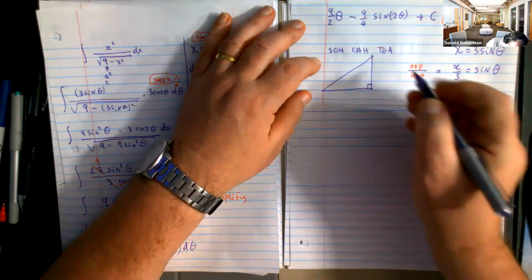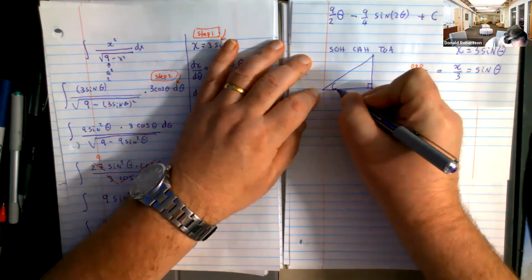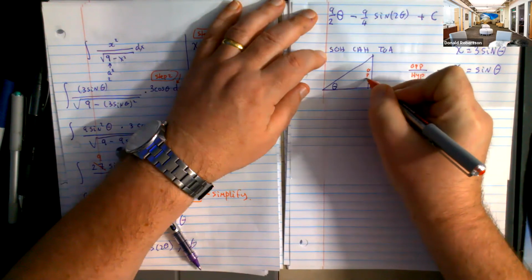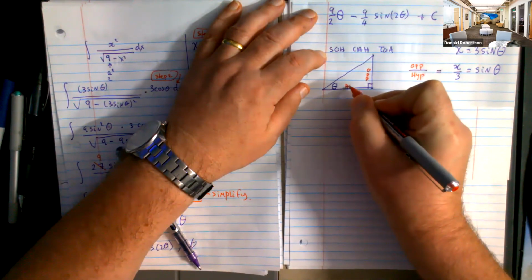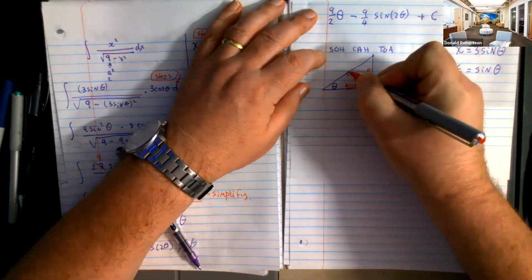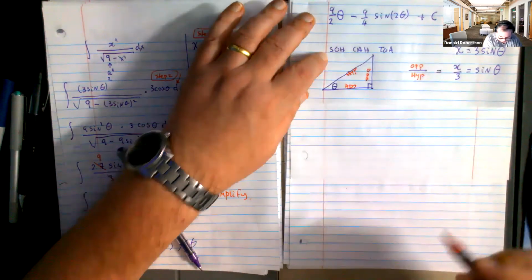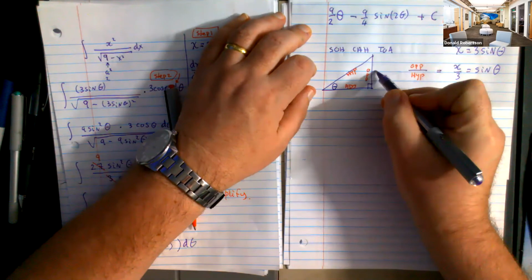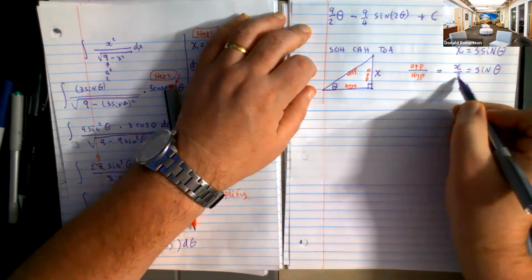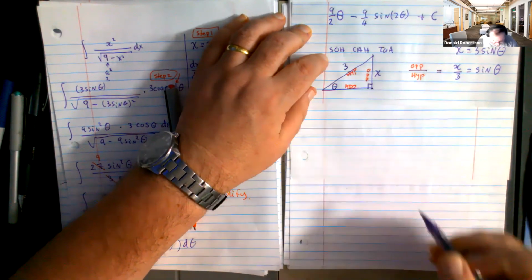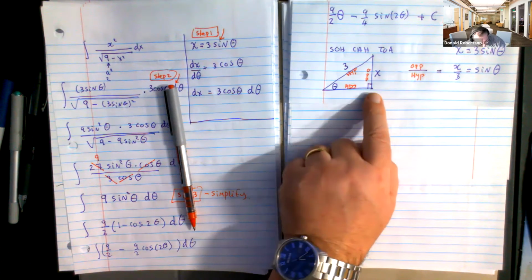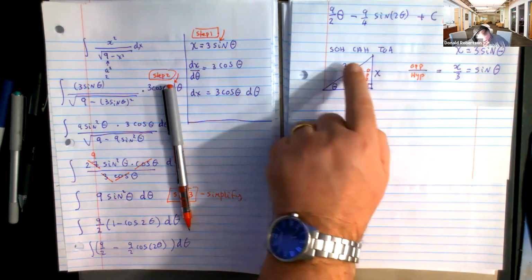So if I call this angle here theta, then this side here will be the opposite, this side here will be the adjacent, and this side up here will be the hypotenuse. So the opposite is x, the hypotenuse is 3. How am I going to find the third missing side? How will I be able to find out what adjacent is in terms of x?